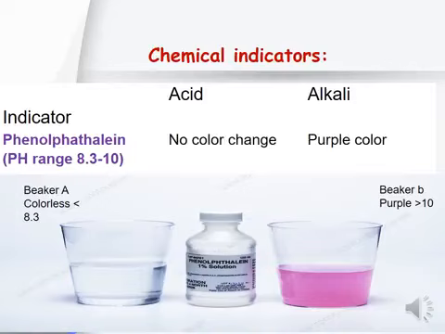When this solution turns purple, it means that the pH of this solution is more than 10. And when I put the phenolphthalein into a solution and no color change occurs, then the pH of the solution is less than 8.3.